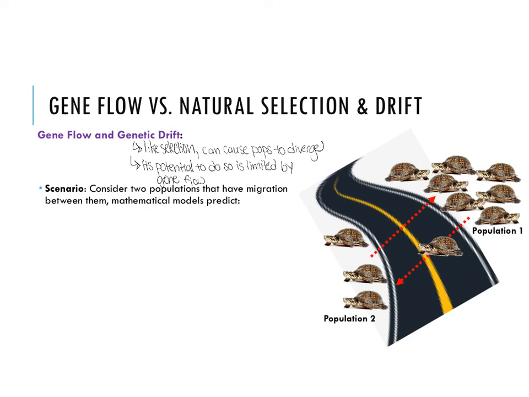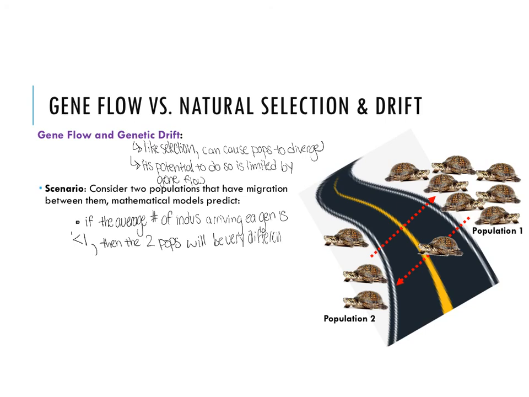Here, I'm not going to go through the model, but I'm going to tell you the predictions. So the first one is, if the average number of individuals arriving each generation is less than 1, then the two populations will be very different from one another.